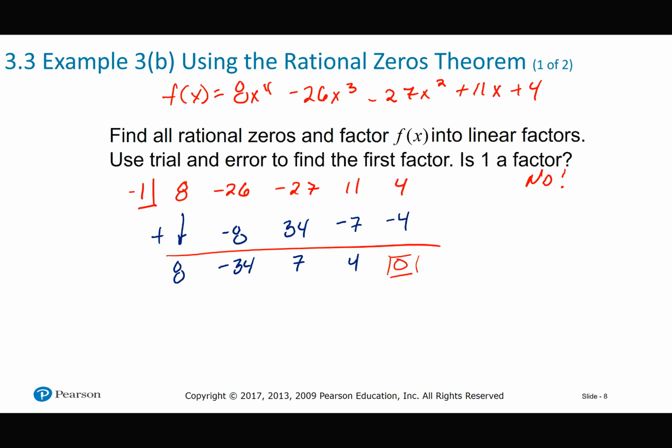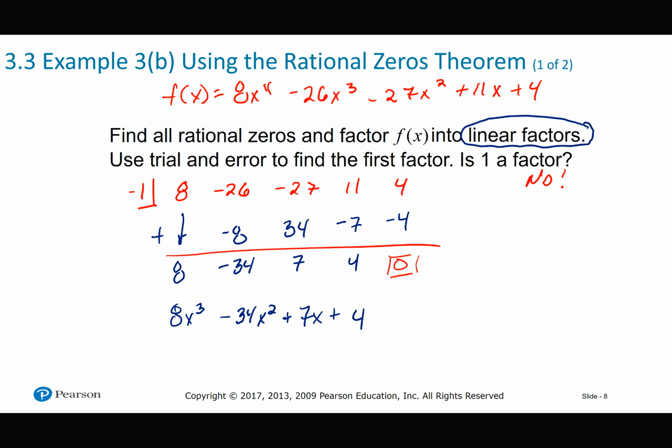But again, this makes up my new polynomial. So this is my constant. So I know that's 4. This would be 7x. This would be a negative 34x squared. And this would be 8x cubed. We're trying to get it as linear factors.